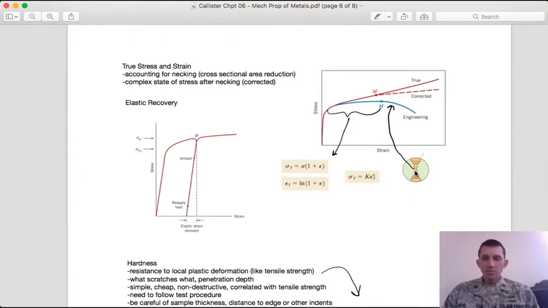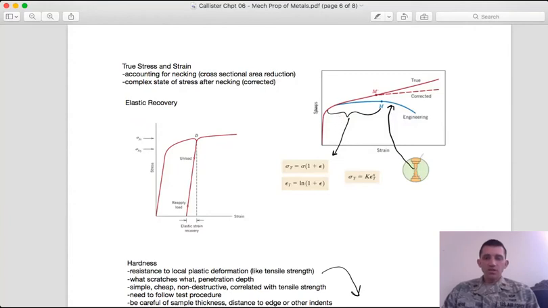Well, what happens to this area as we start to elongate? We are getting stretching, and as it stretches, that material is being pulled from somewhere. So when it's getting longer, it's also getting thinner. And if it's getting thinner, then the cross-sectional area must be going down.